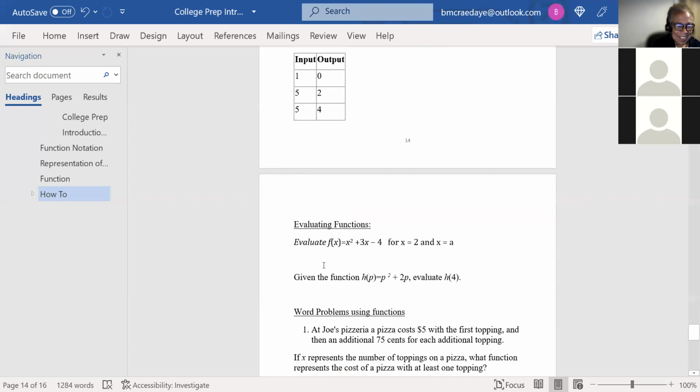Now, f of x, we want to evaluate some functions here. f of x equals x to the second power plus 3x minus 4. Put x equal 2, tell me what you get. Put x equal a, tell me what you get.